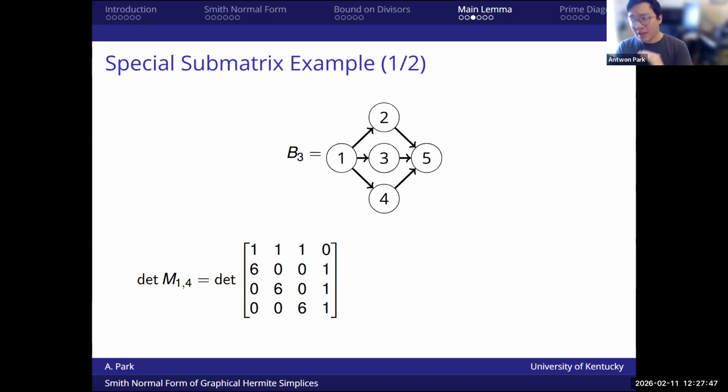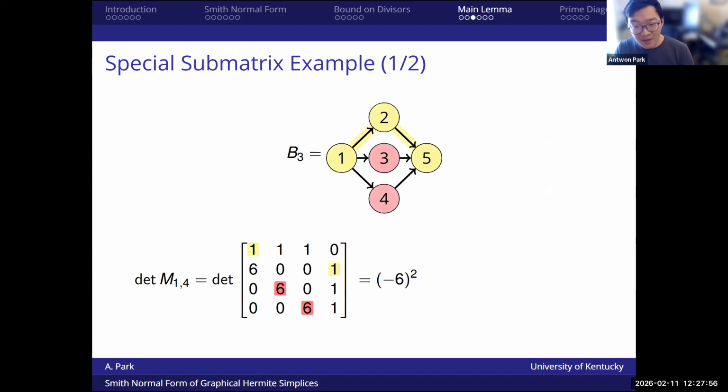So get rid of what the simplex used to be, just so we can focus on what the graph is. What I'm going to get is, if I go along the top, the 1, 2, 5 path, I am missing out on 3 and 4. So that gives me a negative 6 squared in my determinant. If I go through the middle, I miss out on 2 and 4, so I also see a negative 6 squared. And I can go along the bottom path, 1, 4, 5, and that's going to correspond to negative 6 squared again.